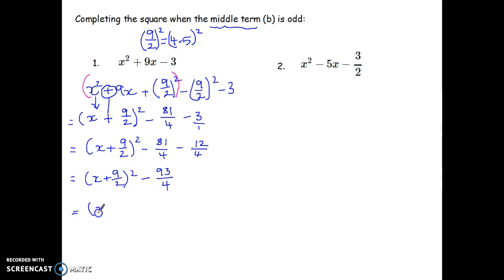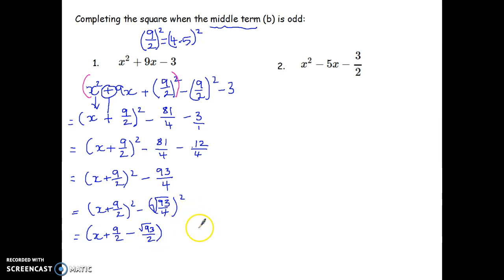I need to try and factorise this as a difference of two squares. So let's write this as square root 93 on 4 all squared. Continuing on, I've actually recognised that root 93, I can't do much with that, but the square root of 4 is actually 2.